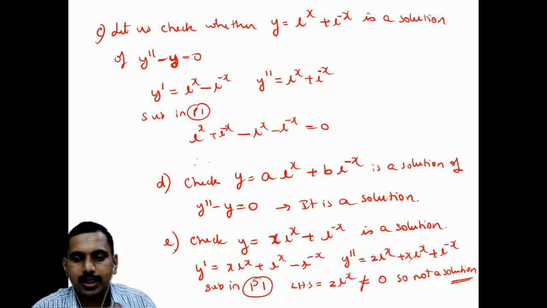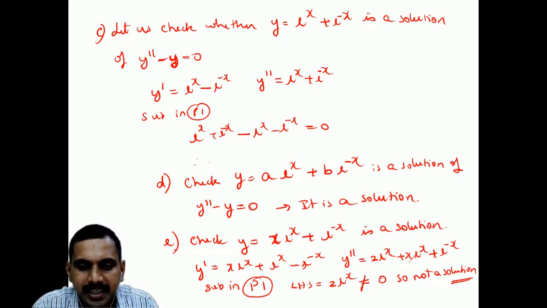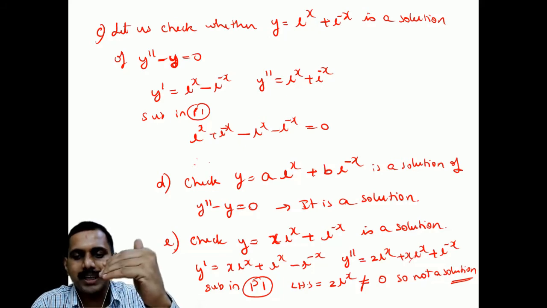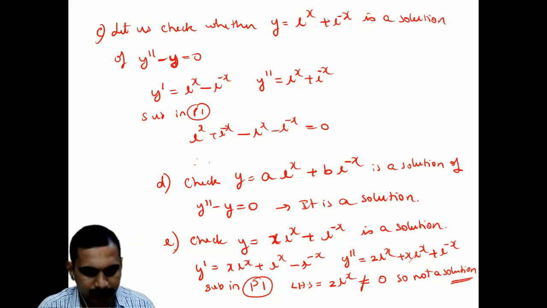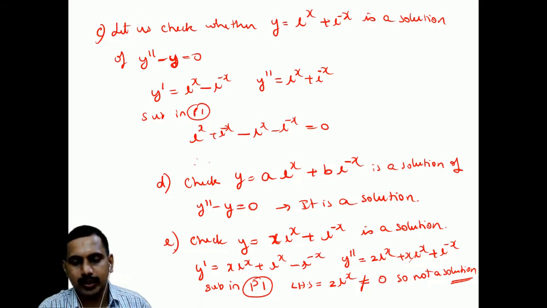So not a solution, correct? So y is equal to x into e power x plus e power minus x is not a solution. Now what did we do by this, students? Let us understand. Have you written this down till here? Then we will understand what it is that we have achieved by doing this.